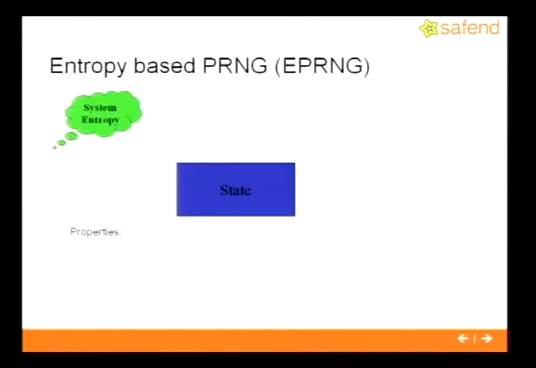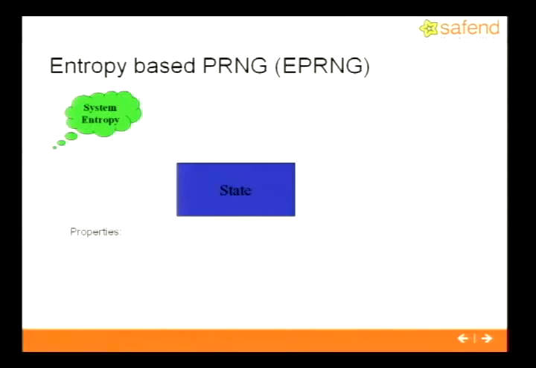In recent years, we have had an advance in PRNGs, and we started using PRNGs with entropy. We used the different noise coming from the operating system to feed the PRNG.